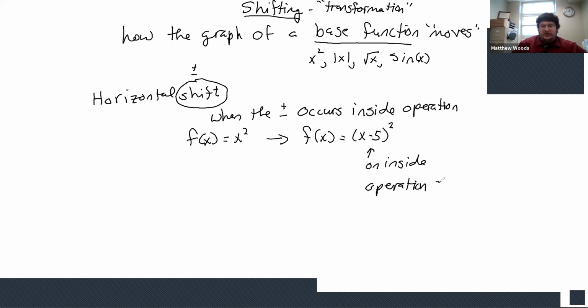The operation applies to the plus or minus. So how do I know which way this shifts, left or right, compared to the base graph?